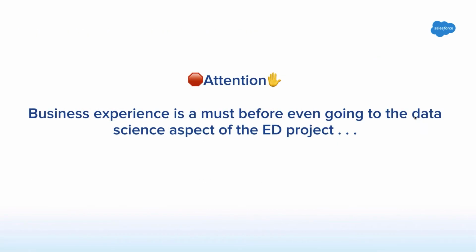Now, I know we mentioned the business use case, and I'm going to say again, let's stop. Before even going to the tool, before even covering the technical aspect, and before going into the typical conversations of how accurate your model is and what your model metrics are, etc. The most successful criteria for your Einstein Discovery project is going to be the business understanding, the business experience, the business understanding of what you're trying to do, how you relate what you're looking at in the data, the fields.